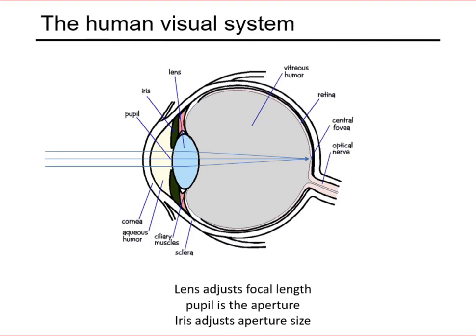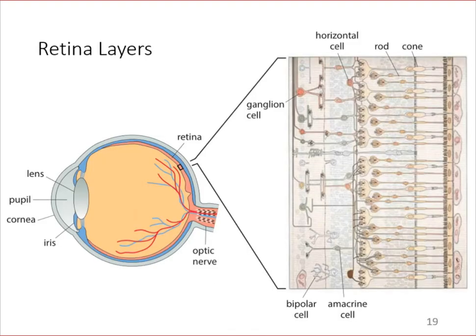We have the iris, which controls the amount of input light, like the shutter and aperture. And finally, we have the retina. It's like the film that can sense the light. We are going to see more details about the retina.